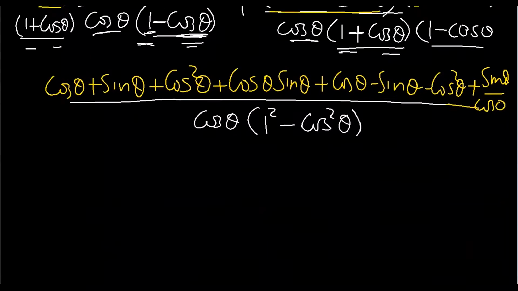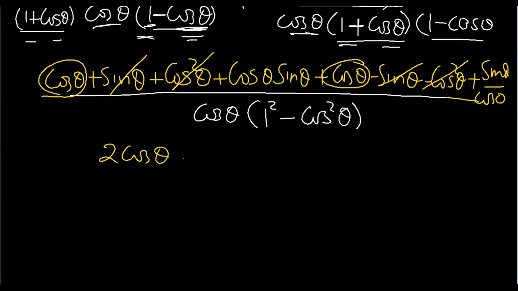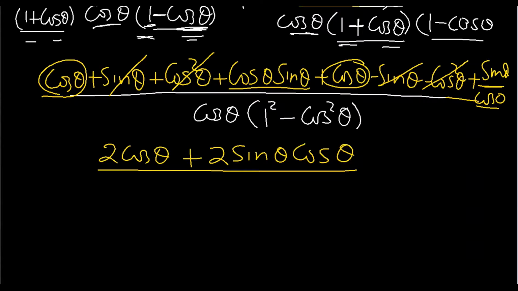All right, now the cancelling time. Cos square and minus cos square. Sin theta minus sin theta. Cos and cos will become 2 cos theta plus cos theta sin theta cos theta, same thing, 2 sin theta cos theta, over cos theta, 1 square is 1 minus cos square theta.